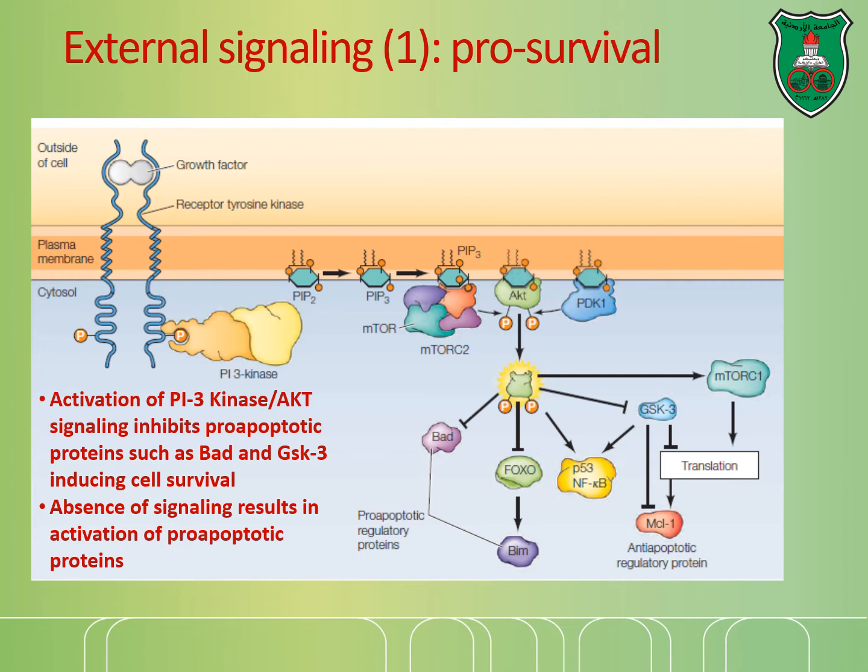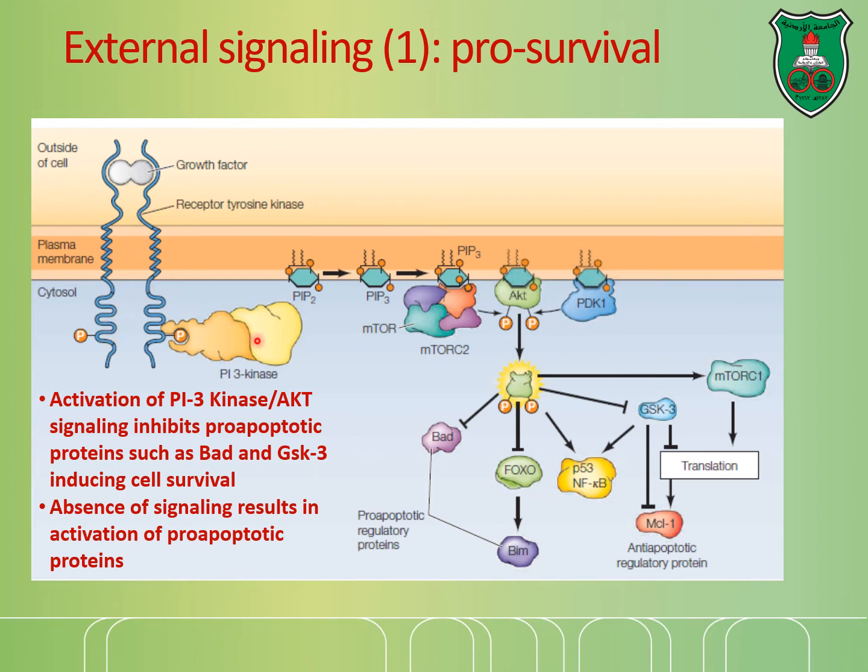Now, there's also an external signal that induces survival. And this signal is activated, or it goes through, the PI3 kinase AKT signaling pathway. We talked about this pathway in the previous lecture. What happens here is that in the presence of a growth factor, you will have activation of a receptor. This would cause activation of PI3 kinase.